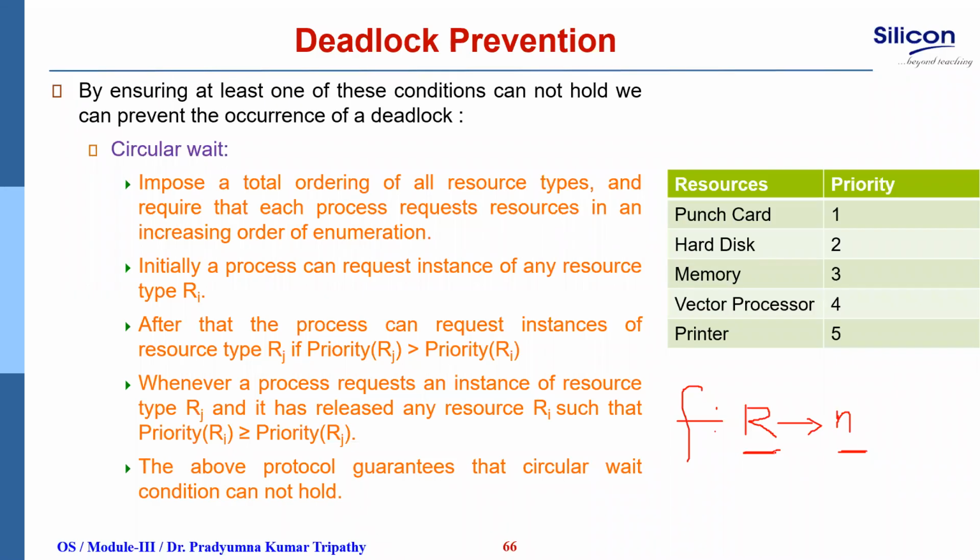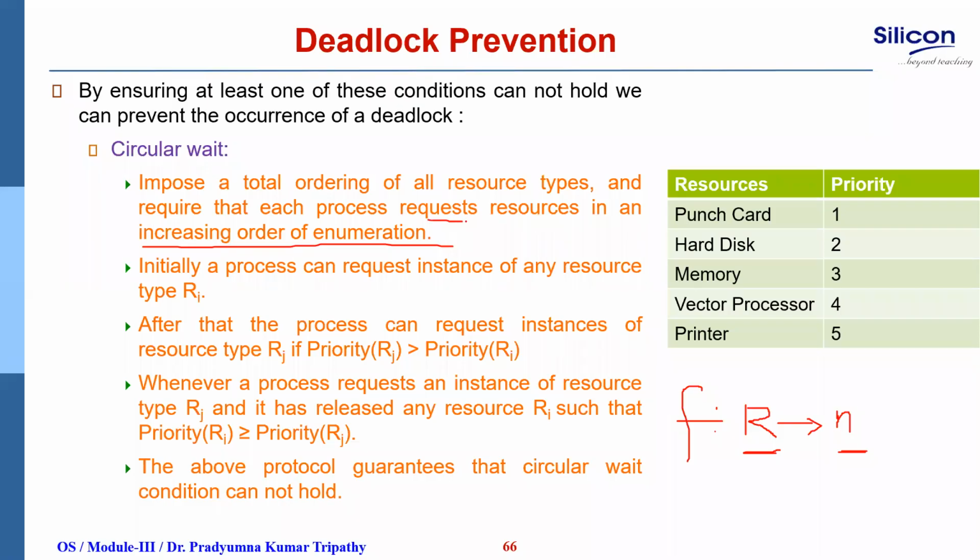Then, while allocating the resources to the processes, we'll follow a rule: impose a total ordering of all resource types and require that each process request resources in an increasing order of enumeration.